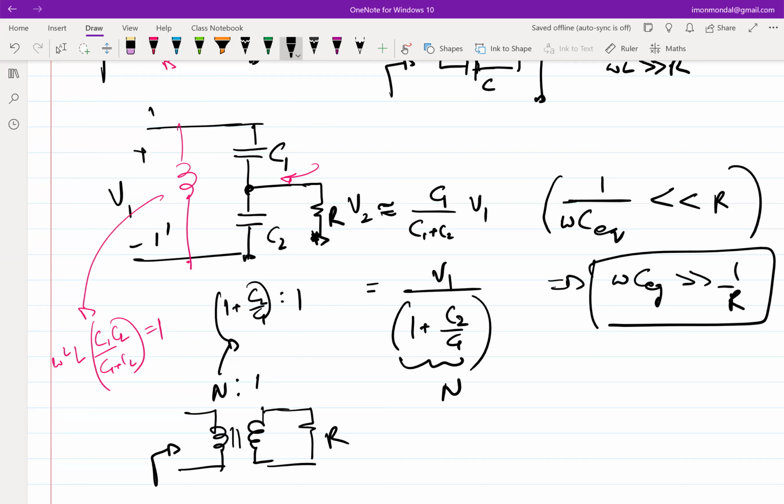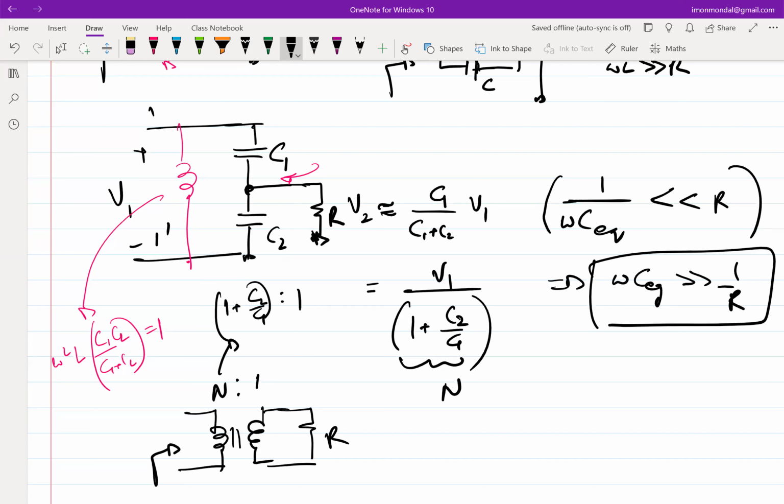So while trying to step up a resistance, what were we doing? We were essentially trying to reduce the voltage. We are stepping down the voltage at port 2. That leads to a step up of the resistance at port 1. So now if I want to step down the resistance at port 1, what should I concentrate on at port 2?